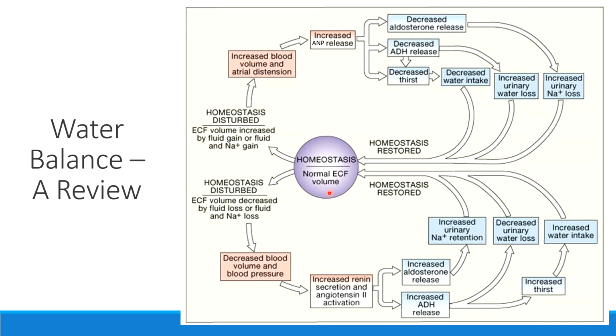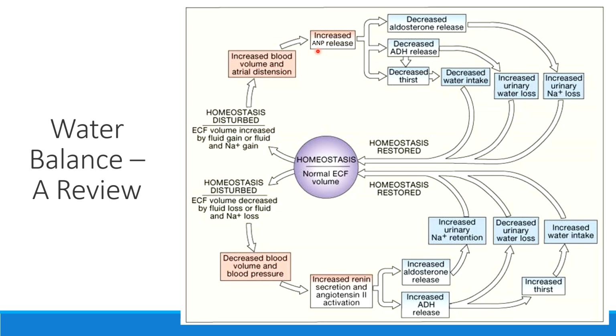Our body is trying to stay at homeostasis. The concentration of fluid inside and outside our cells should be relatively stable. If I have too much fluid outside my cell, I've gained a lot of fluid, or I have too much sodium that's causing me to retain fluid, this is going to lead to the release of atrial natriuretic peptide.